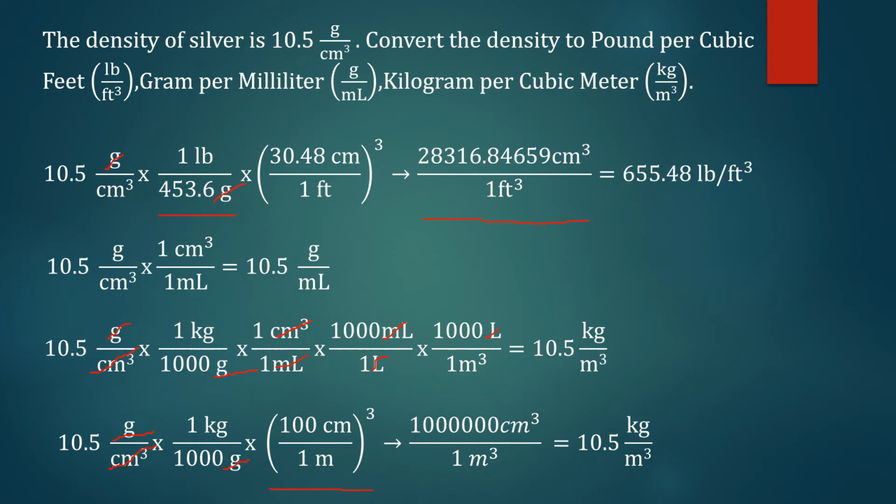As you can see in here, we haven't used the ml and L, or the milliliters and liter conversion factor. Instead, we've used centimeter to meter, and then we placed it in a parenthesis and raised both to the third power. So as you can see, we arrived at the same answer. So that's it.